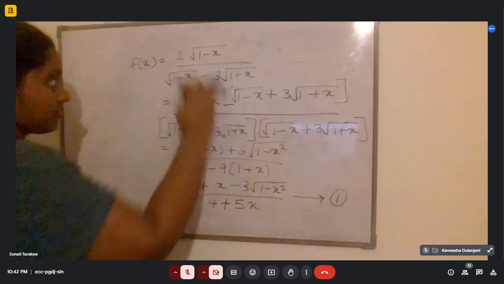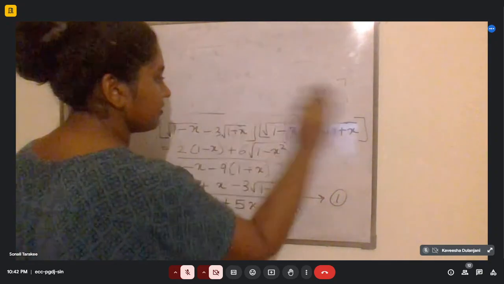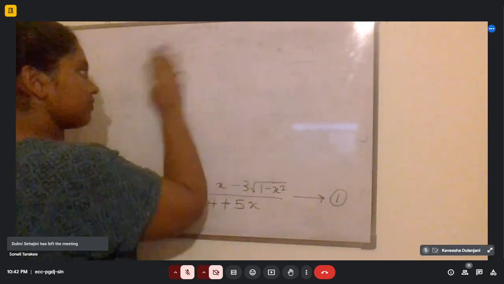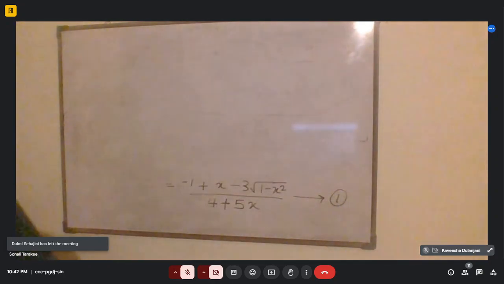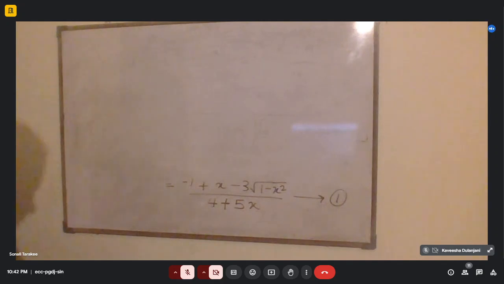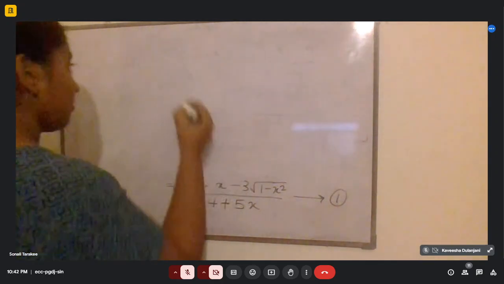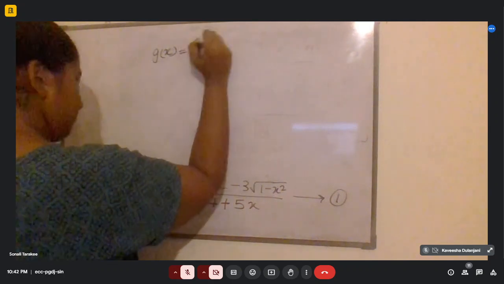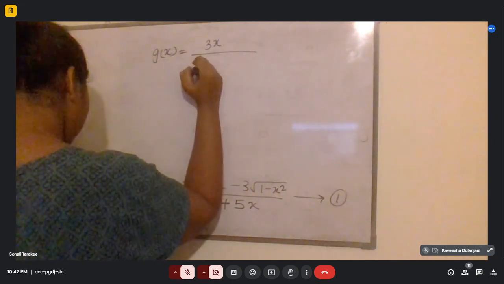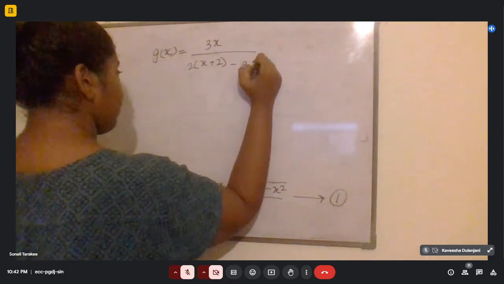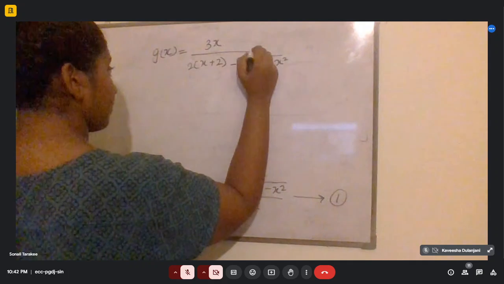I'll take g(x). So g(x) equals 3x over 2x plus 2 minus 4 square root of (1 minus x squared).